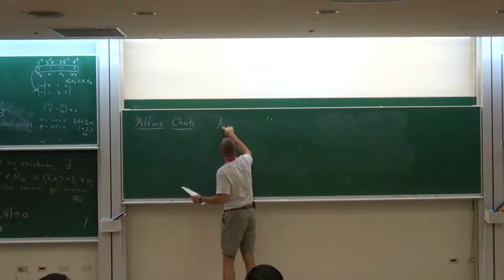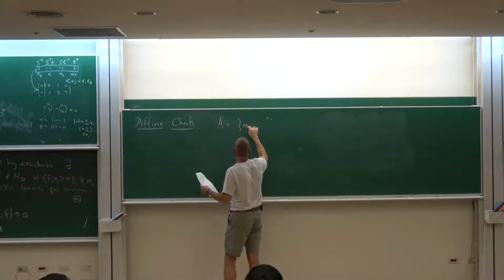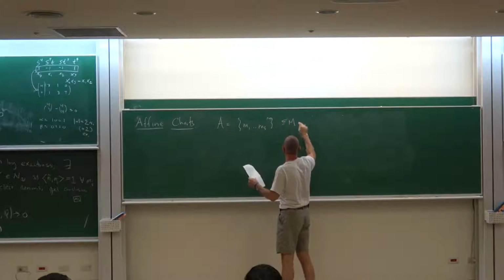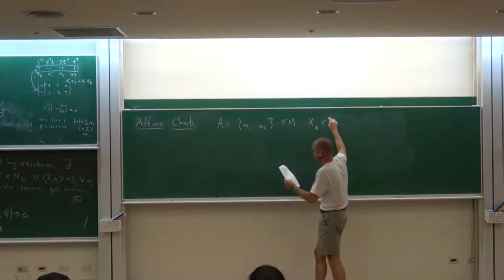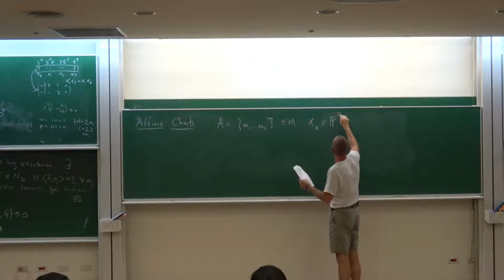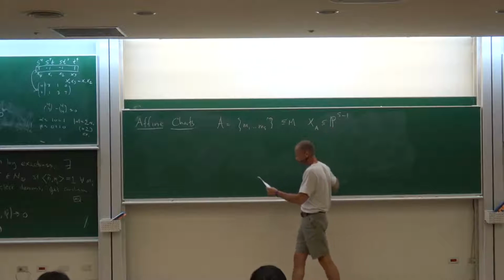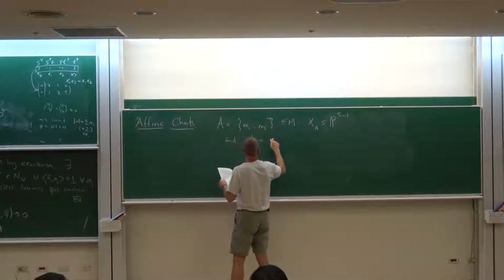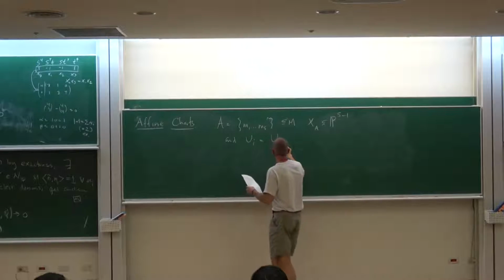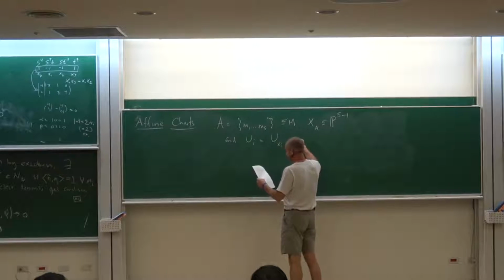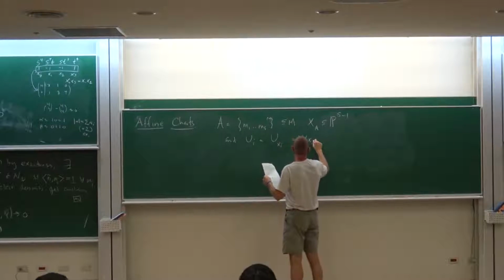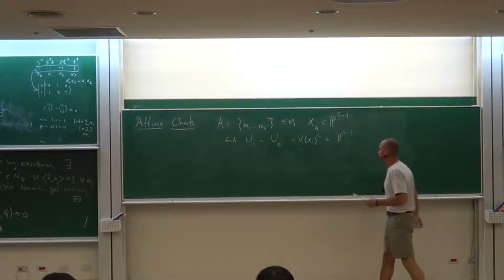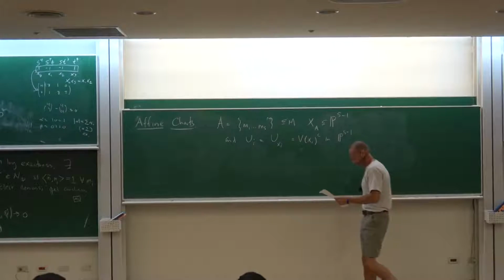So suppose that A is, as before, m_1 through m_s, contained in M, and we have a corresponding toric variety X_A contained in P^(s-1), our projective toric variety. And we let U_i equal U of x_i, equals V of x_i complement. So this is the standard affine open cover of projective space.